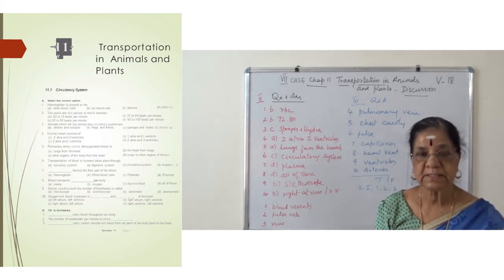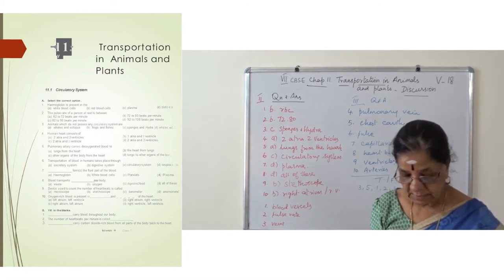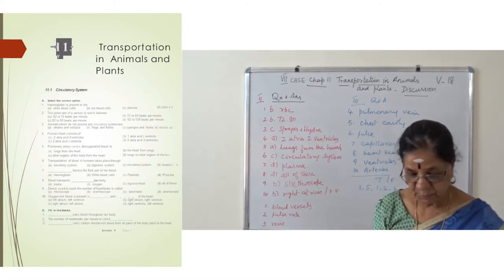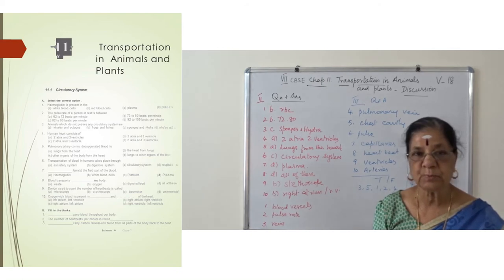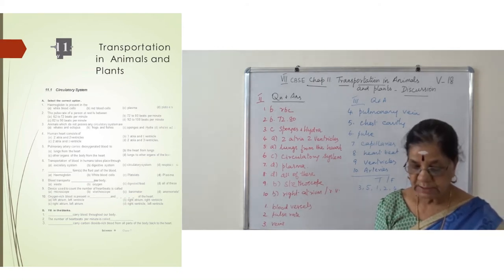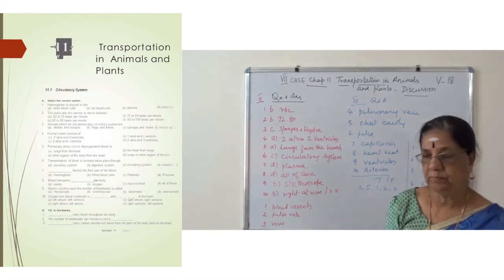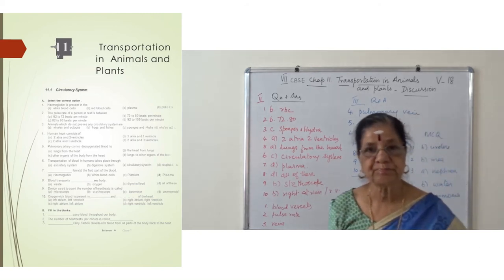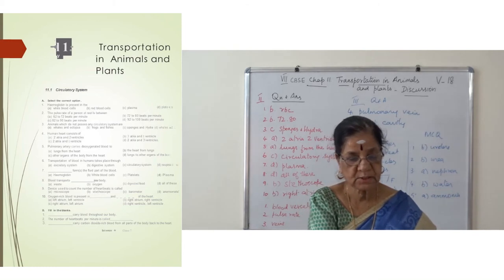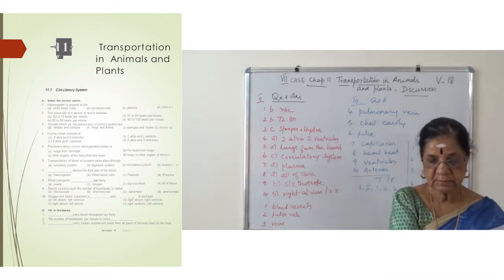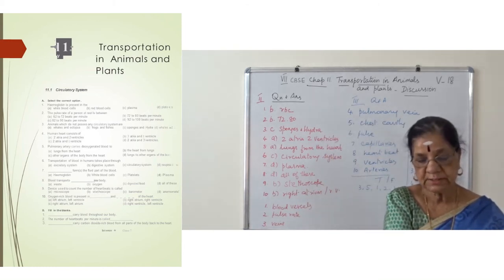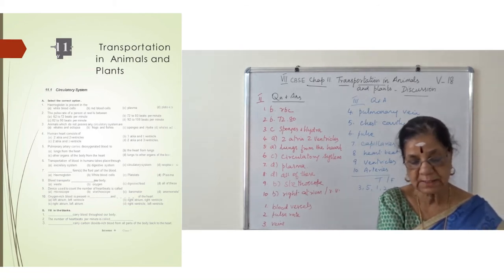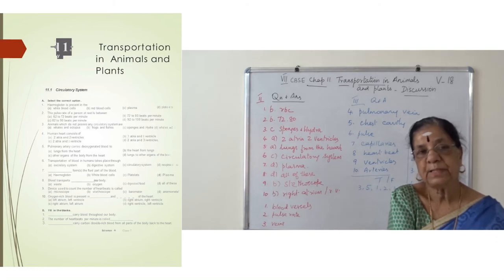I hope you understand. Then question 6, transportation of blood in humans takes place through the circulatory system. The answer is the circulatory system. The 7th one, dash forms the fluid part of the blood.